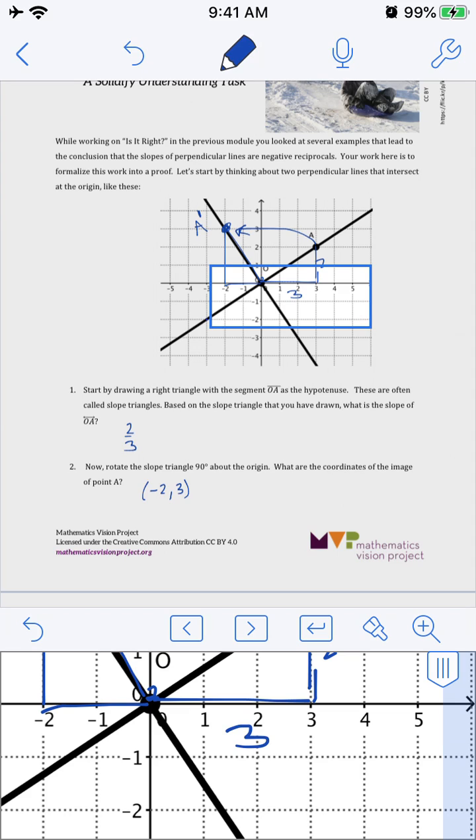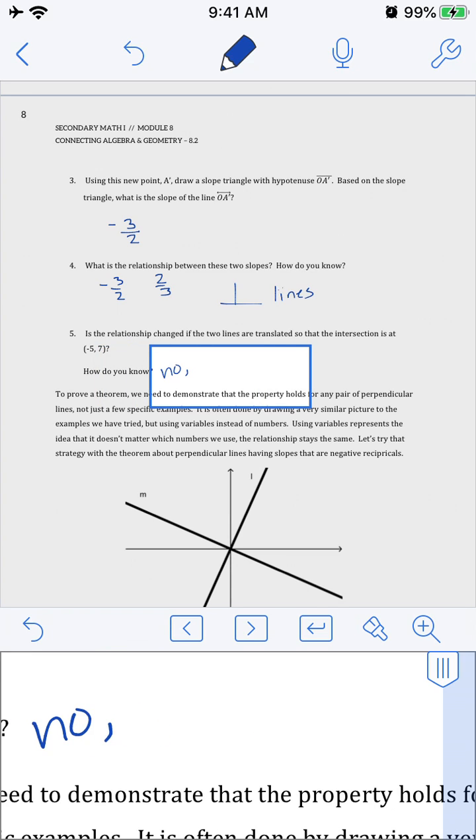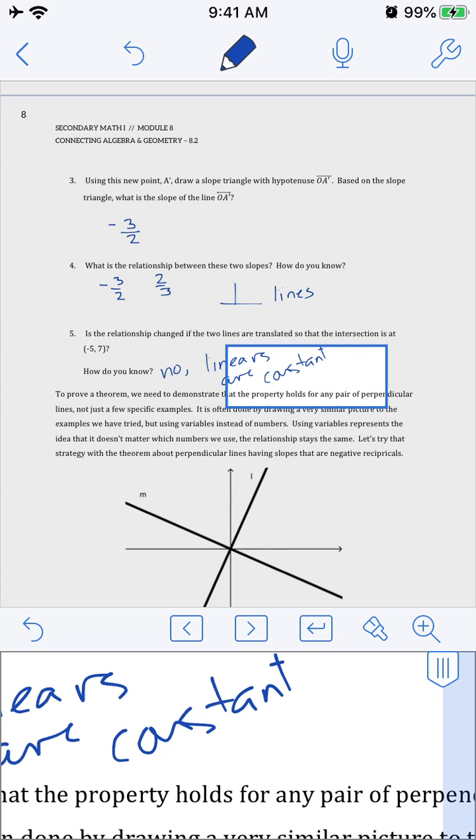But this is still happening. This perfect T is happening no matter where it's placed, right? And those slopes are still going to be opposite reciprocal. So no, they will not change. And we could say something along the lines of linears are constant slope. We cannot say that for any other type of curve, because any other type of curve is not a line.